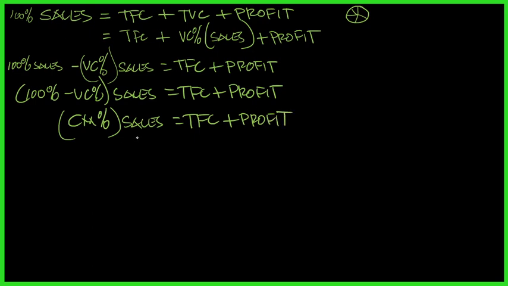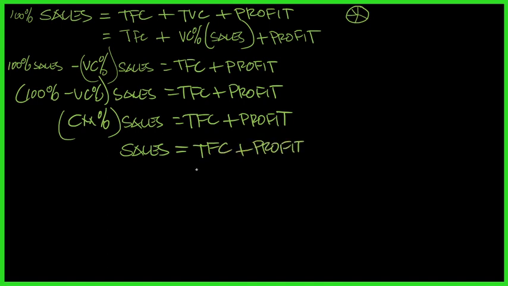Ayun. Now, if you want to isolate sales. Ayan, yung revenue naman kasi cost, volume, profit. Dapat cost, volume, profit, revenue relationship. Ganun, di ba? Pero, anyway, you can have sales, just to simplify, is equal to your total fixed cost plus your profit.